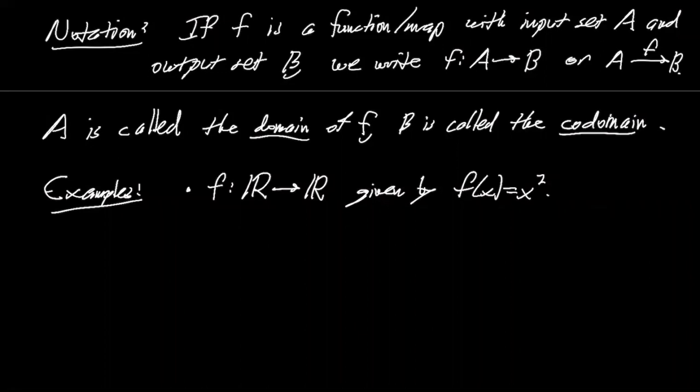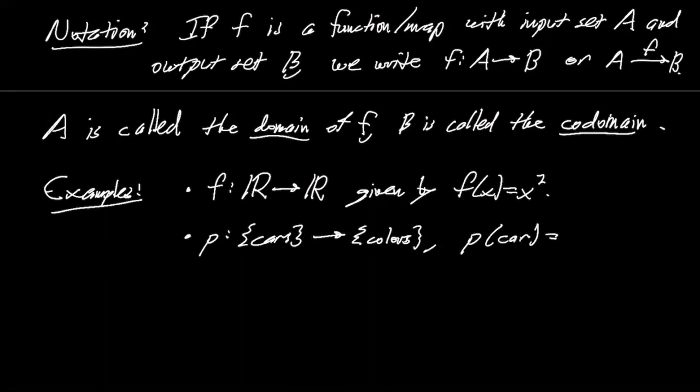The inputs are real numbers and the outputs are real numbers, and you can input any real number, so that's why the domain is all of the real numbers. You could have the function P from the set of all cars to the set of all colors, given by P of a car equals its color.